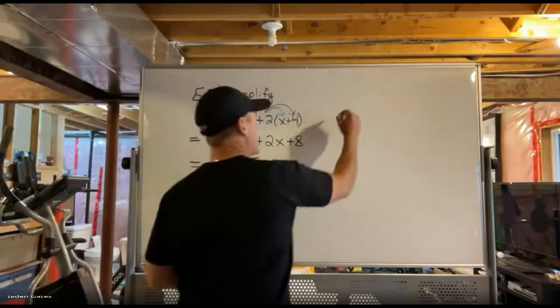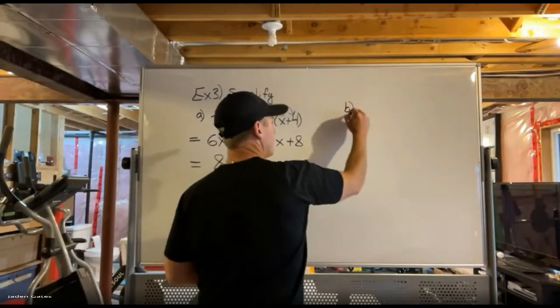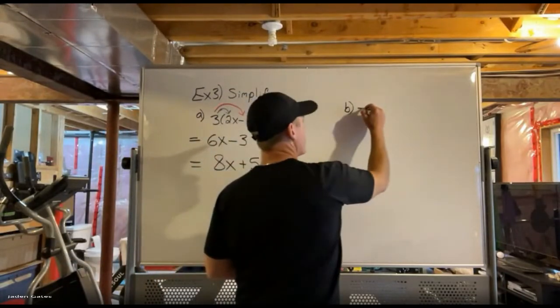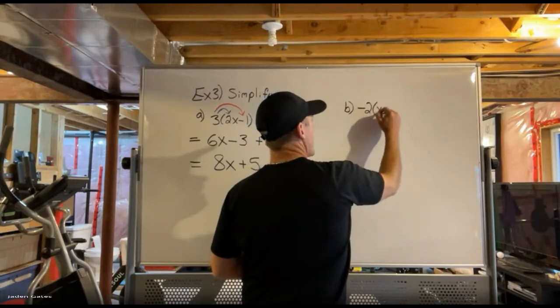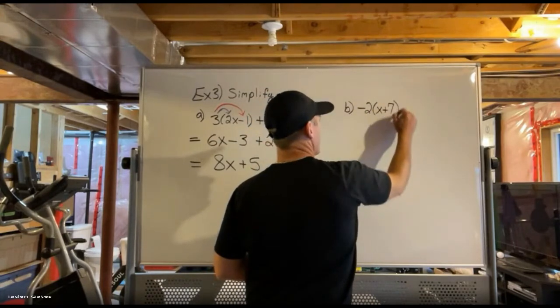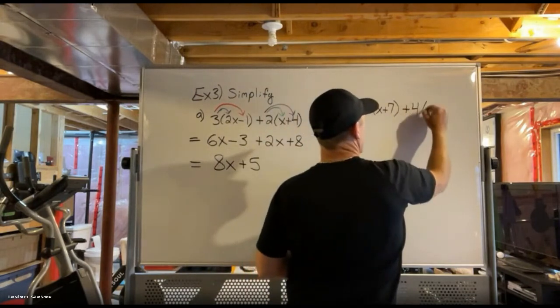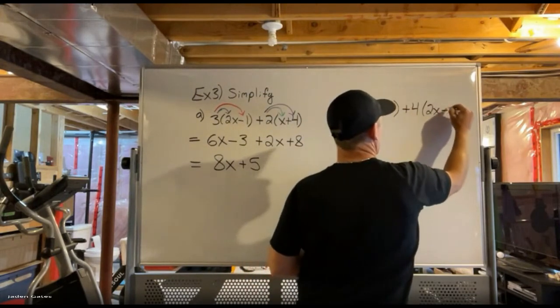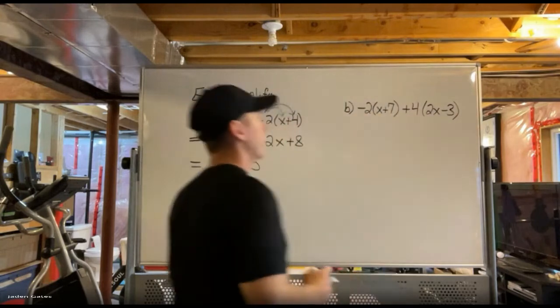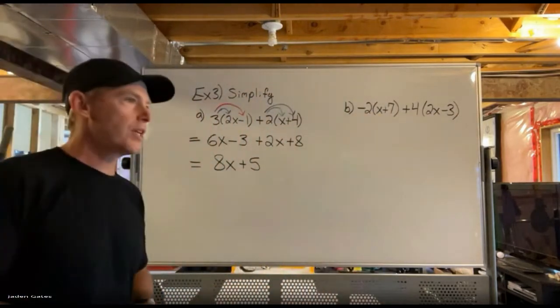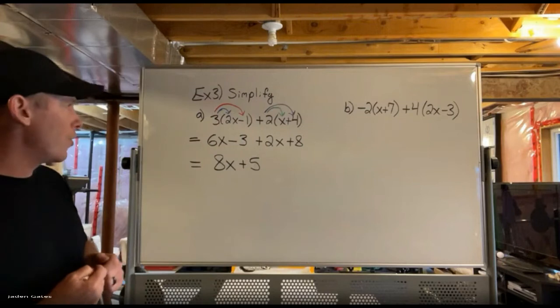All right, I'm going to do one more of those. Let's see here. B. I'm going to take a -2 times an x plus 7 plus 4 times a 2x minus 3. All right, so once again, I've got 2 rainbow rules going on.